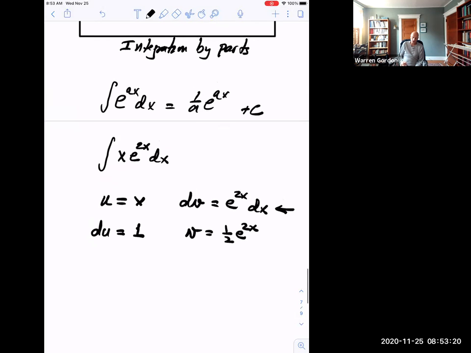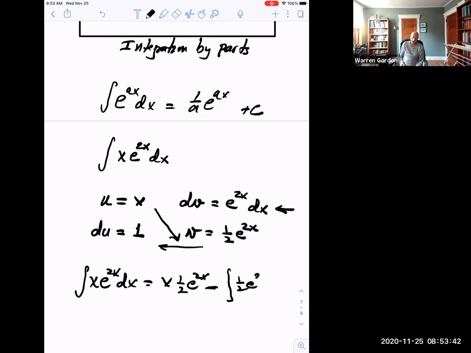So according to my formula, the integral of x e to the 2x dx is equal to u times v minus the integral of v times du. Oh, I should say, by the way, du is 1 dx.